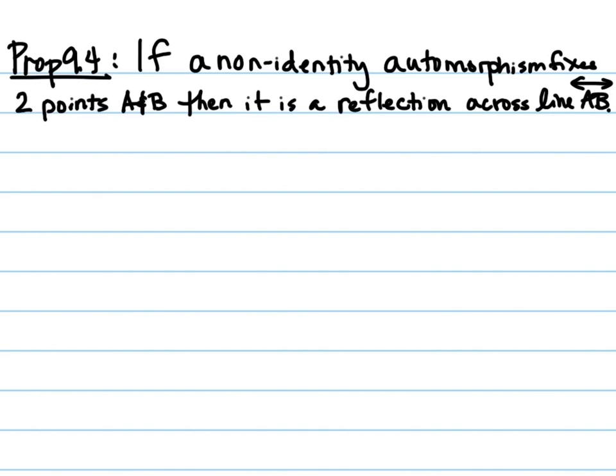So we can have other transformations that fix lines, but if it actually fixes 2 points on the specific line, it is going to be a reflection.